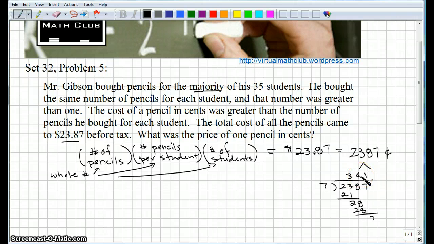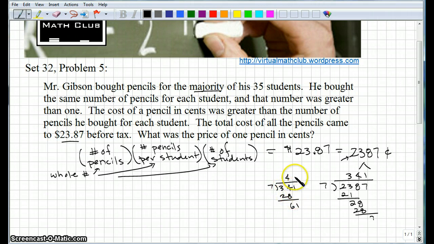Can we factor that? Well, we already know that it's not divisible by 2, 3, and 5, because otherwise the original number 2387 would have been divisible by 2, 3, or 5. So we can skip ahead to 7. We can try dividing 341 by 7. 7 times 48 is 336, that leaves 5, and you can't divide that evenly.